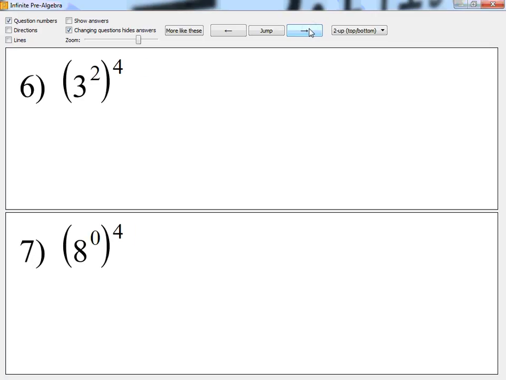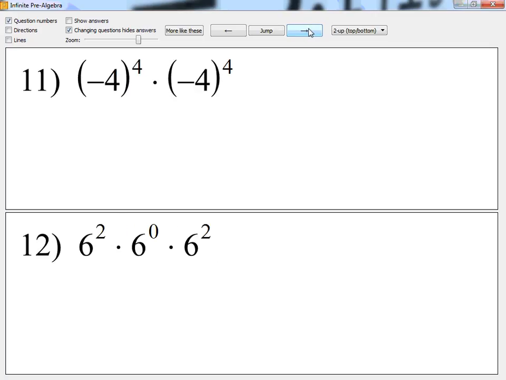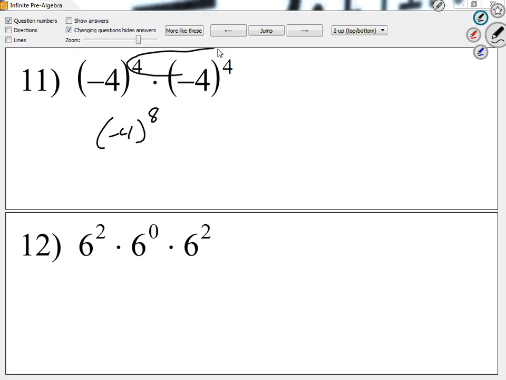Let me take a look at something like question number 11. Here I have negative 4 to the 8th. Whenever we have multiplication of various numbers, we have our exponents, we add the exponents. That's why I have negative 4 to the 8th. Then I'm going to go negative 4 multiplied by itself 8 times. In my case, I'm just going to use my calculator.